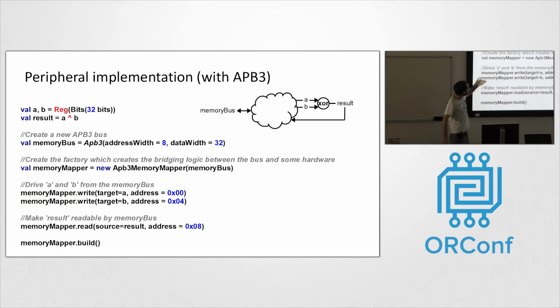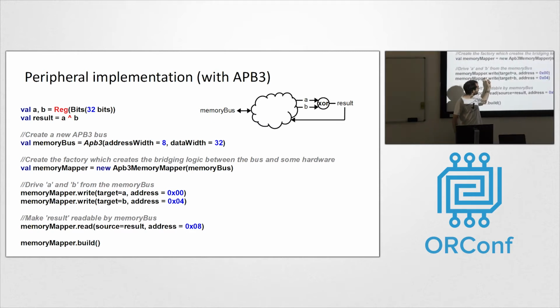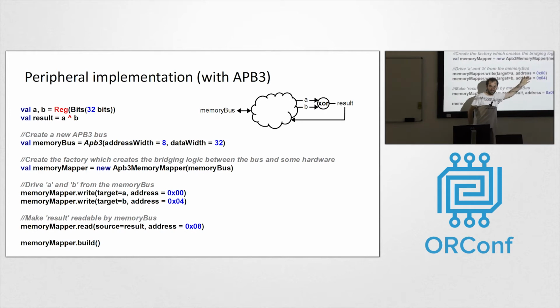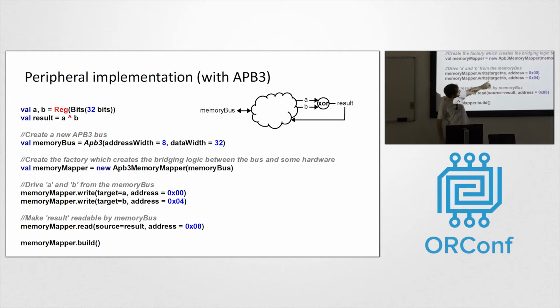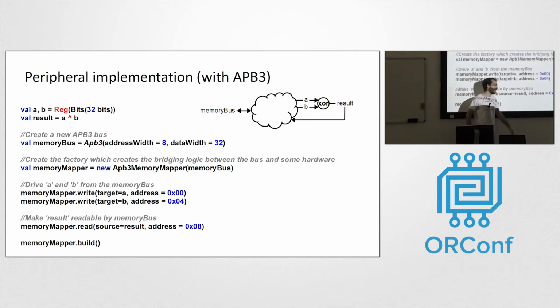Then you call a function on this MemoryMapper tool to say, hey, MemoryMapper, you have to write the target signal A when the bus is doing a write access at address 0. Or, you have to write the target signal B when you do a write access on address 4. And you have to make the source signal result readable when an access is done at address 8.